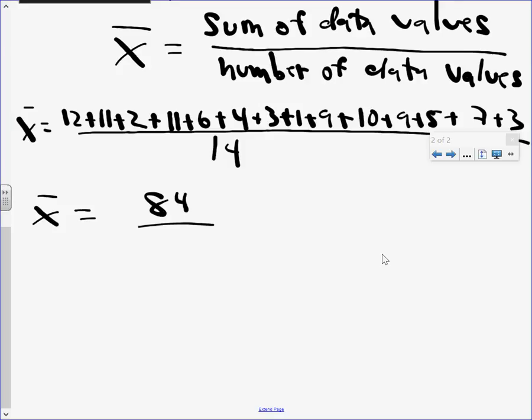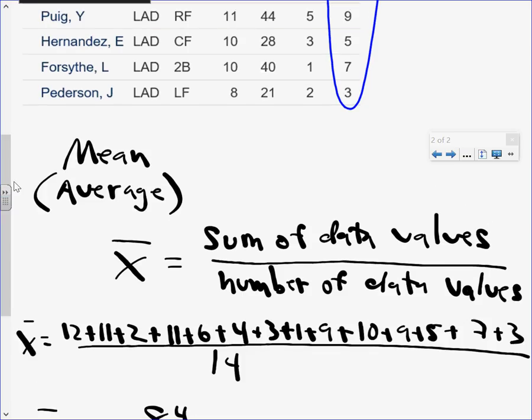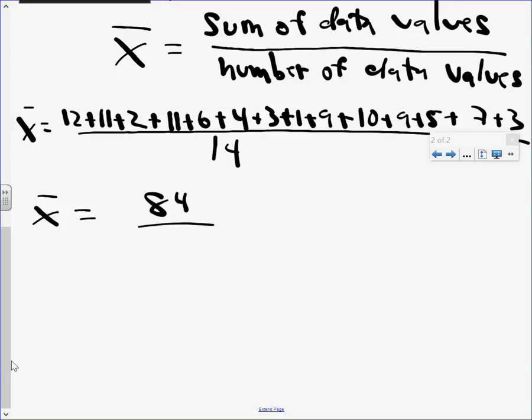The little bar, we pronounce this as X bar. And this is always a variable that means the mean. X bar equals 84. When you say X bar in statistics, everyone knows you're talking about the mean. So X bar equals 84 divided by 14.